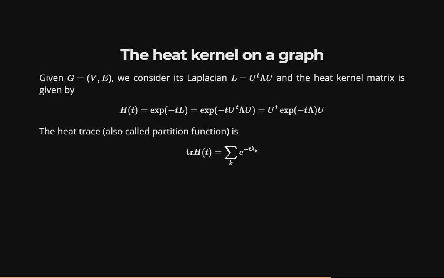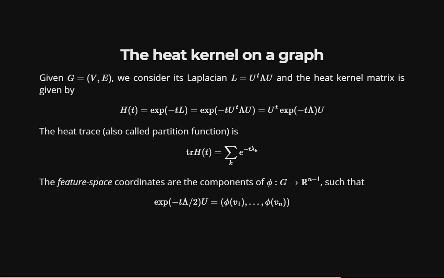This is important. I mean, the heat trace is useful if you want to estimate the intrinsic dimension of the data. We won't dig into that. And now, write this as a product of two matrices, or better, as a symmetrization of one matrix.